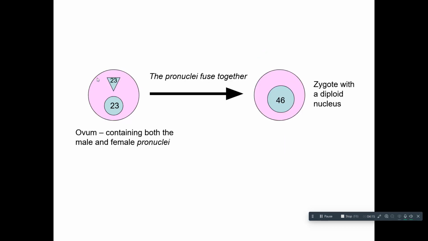Now, once the pronuclei fuse together, the ovum has then turned into a zygote, which is the first cell of the eventual new human being. However, do realize the most likely thing to happen to a zygote is that it will die within mom's fallopian tubes, or just tube, singular.